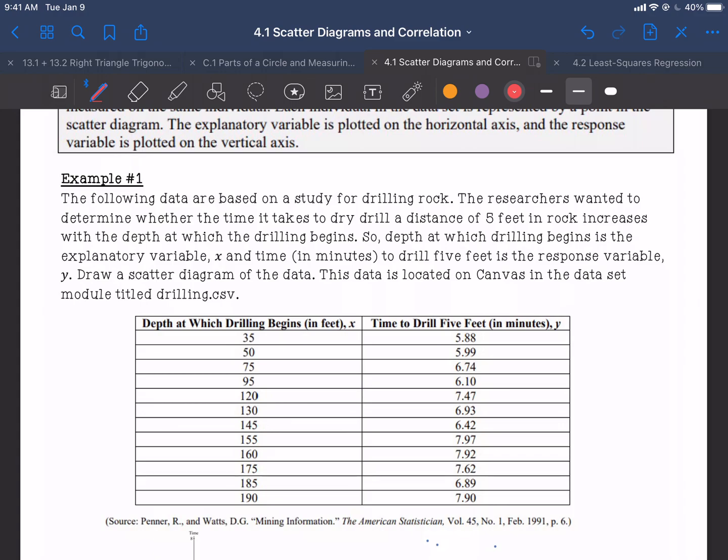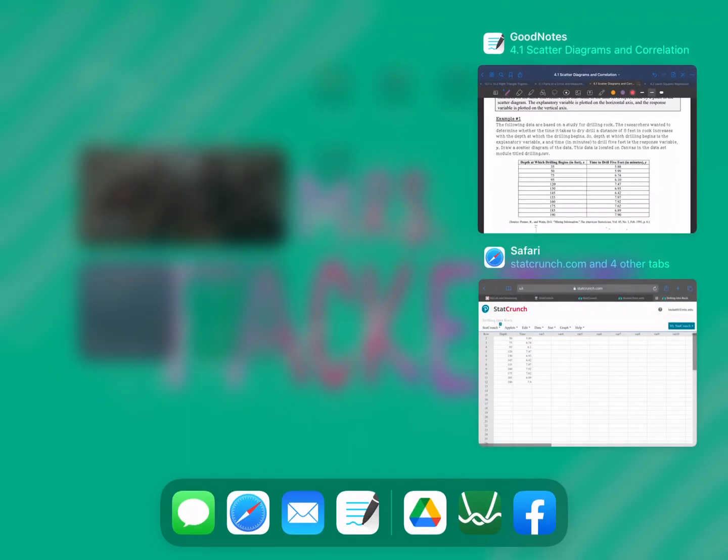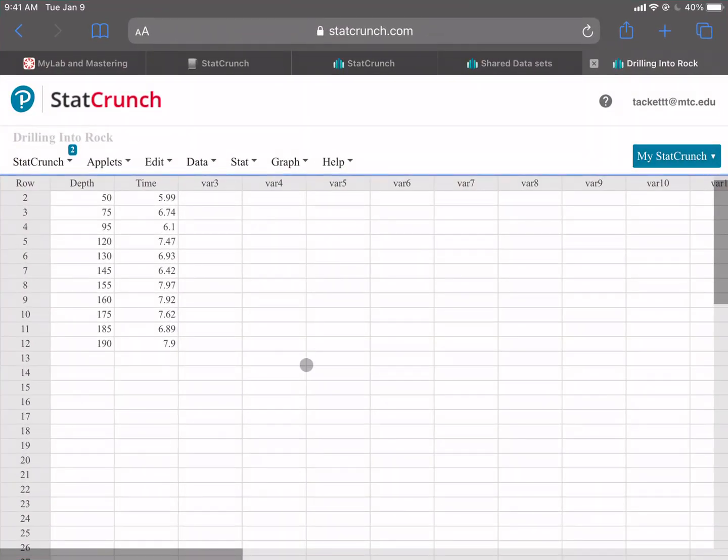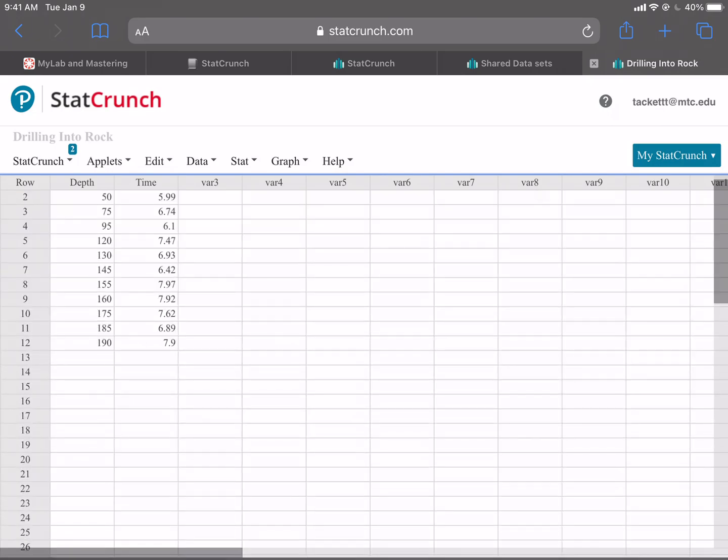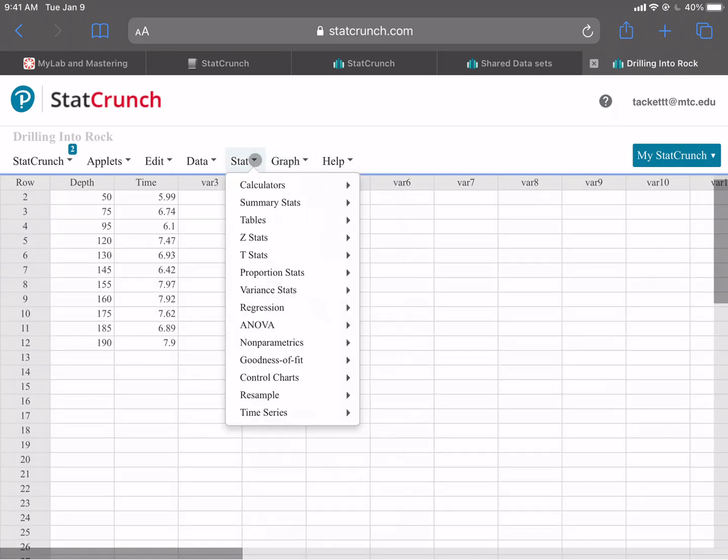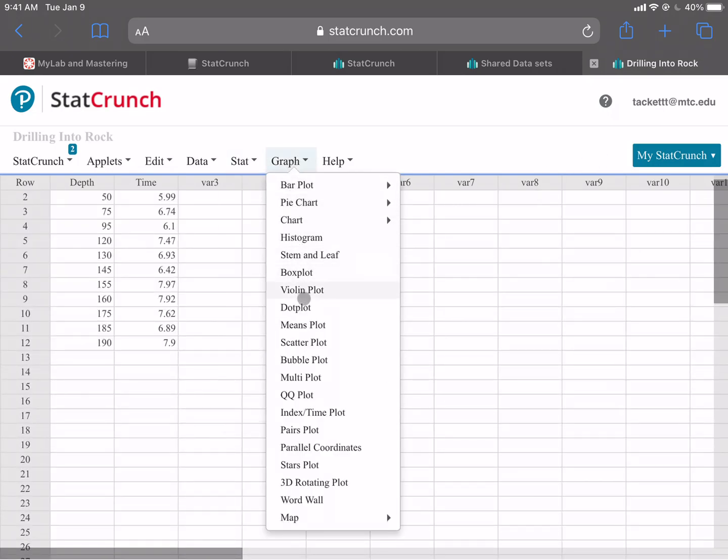So we're going to do this in StatCrunch. The data is located on Canvas, or if you search in the data sets on StatCrunch for drilling rock, it pops up. To look at the scatter plot, we're going to go to graph and then scatter plot.